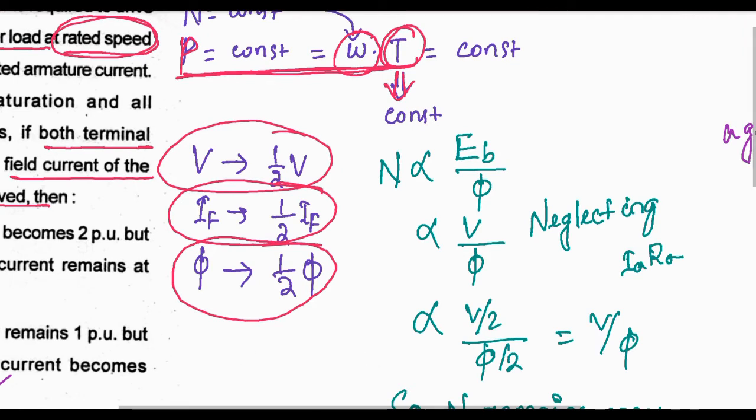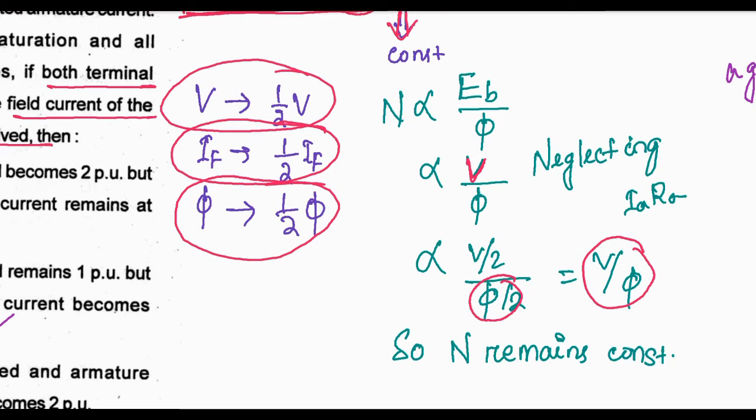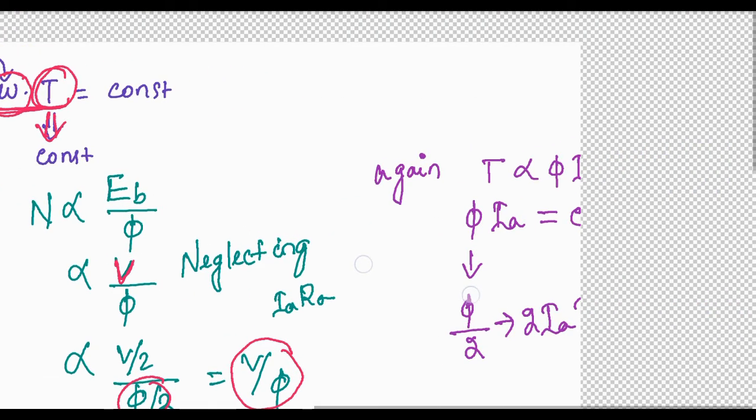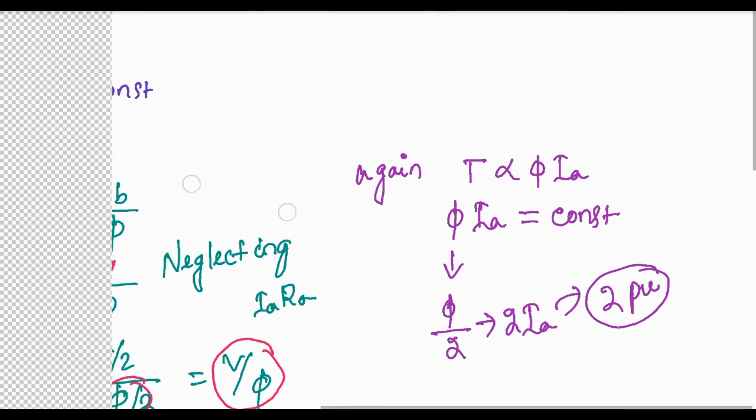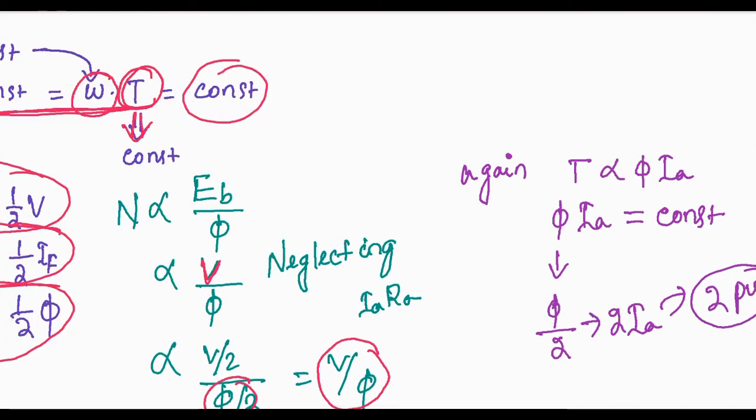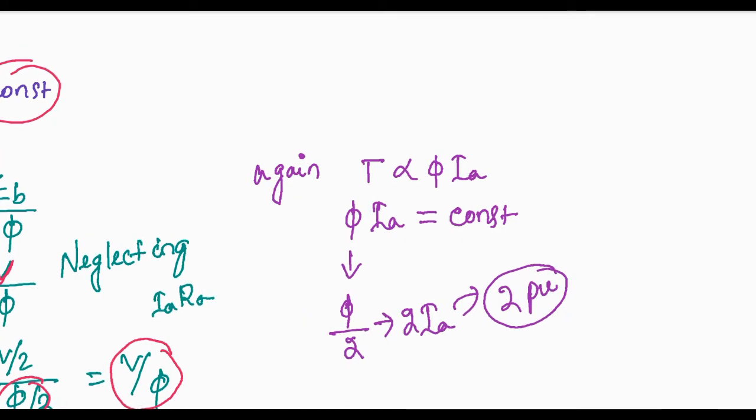So now N, that is the speed, is directly proportional to Eb by phi, which is directly proportional to V, the terminal voltage, by phi, neglecting IaRa. As terminal voltage is halved and phi is also halved, this will be the same ratio, that is V by phi, so N will be the same, speed will remain constant. But torque is constant, and torque is directly proportional to phi into Ia.